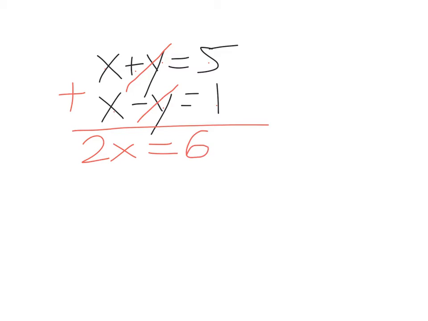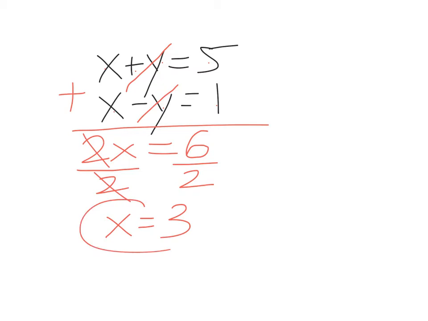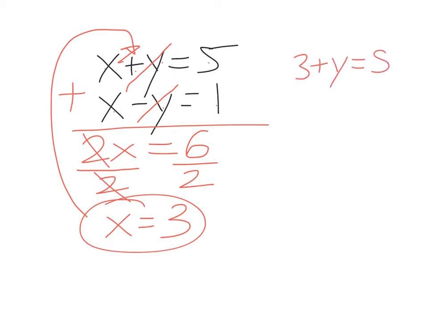Now I have an equation with one variable. If I divide both sides by 2, I come out that x is equal to 3. And now I need to find what y is. Well, that's easy. Take my x equals 3 and plug that into one of the equations. So I get 3 plus y equals 5.